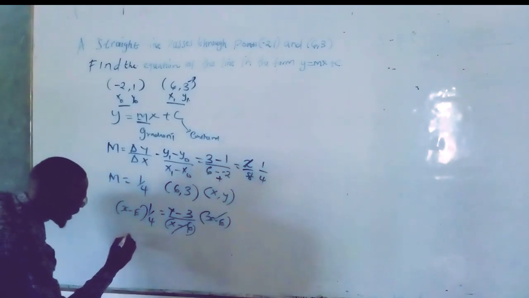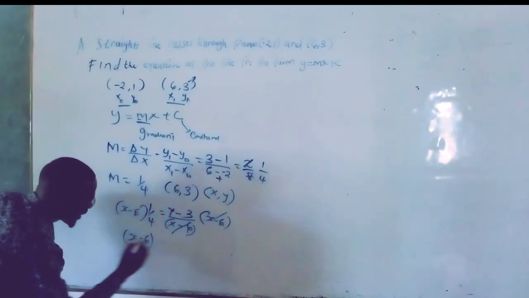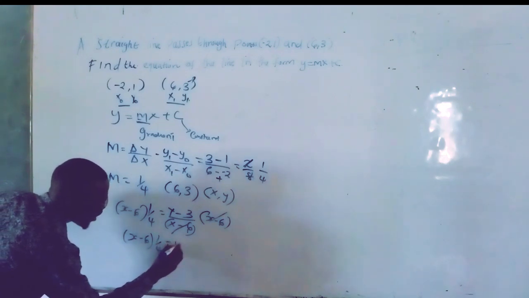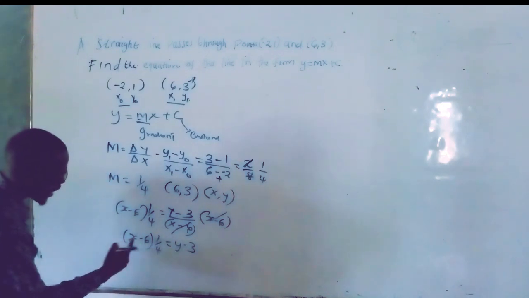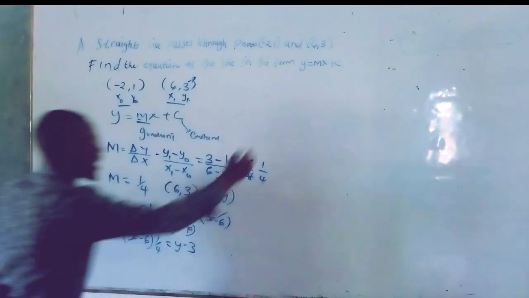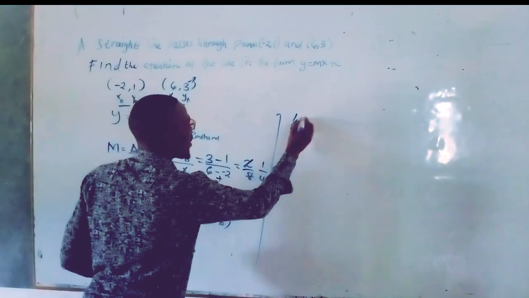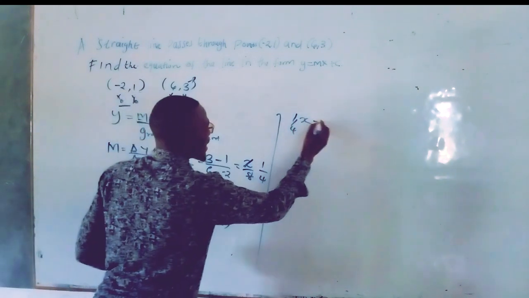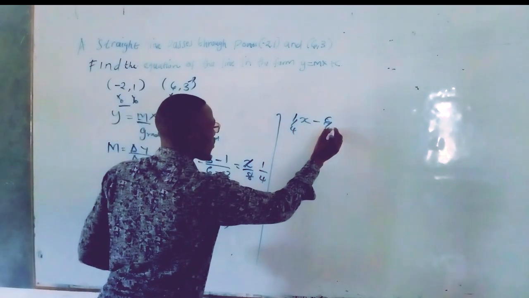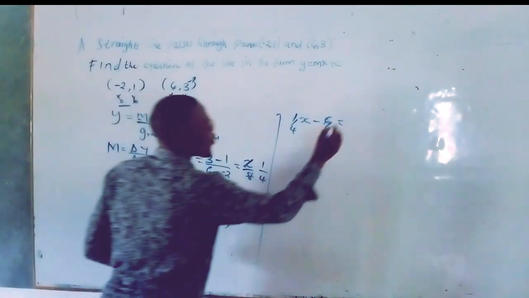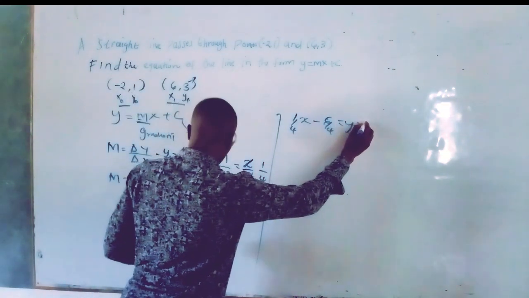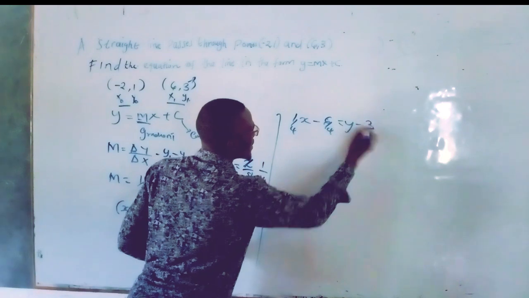So I'm having (x - 6) times a quarter should give me y minus 3. So I multiply here, I'm going to have 1/4 x minus 6/4 equals y minus 3.